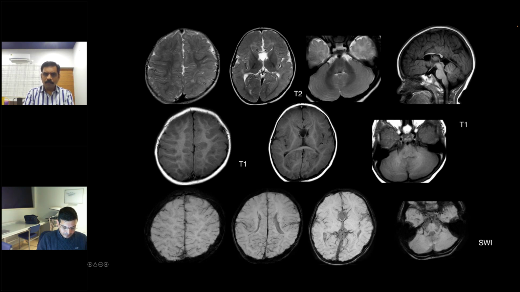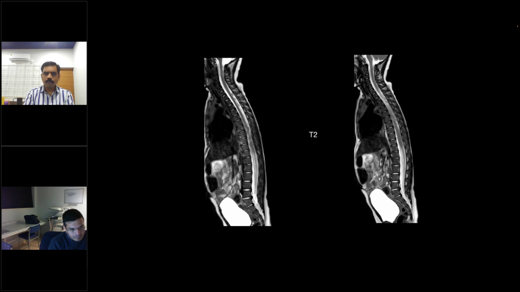So overall there is reduction of the cerebral white matter volume, no cortical malformations, thin corpus callosum, slightly dysmorphic brainstem, no areas of susceptibility on the SWI. Spine was done. I'm not sure why the spine was done, but I cannot appreciate any abnormalities on the spine.